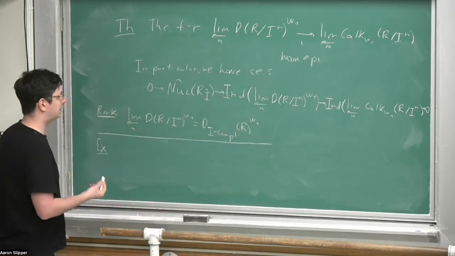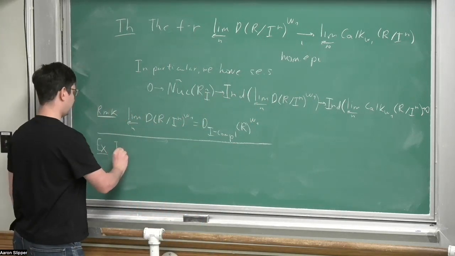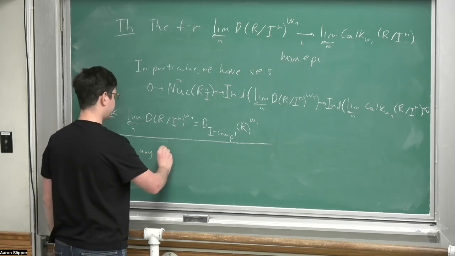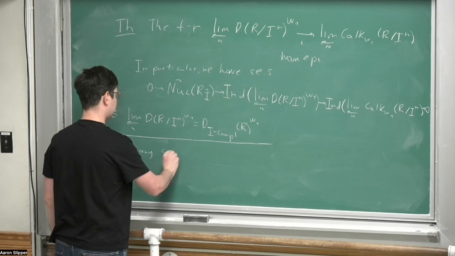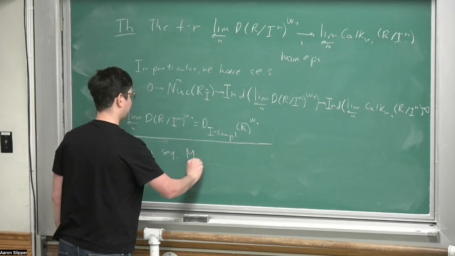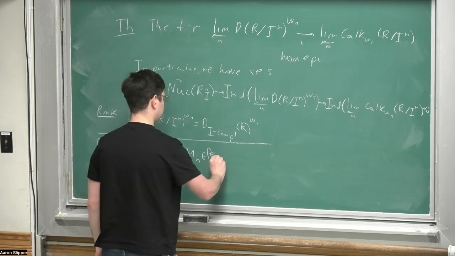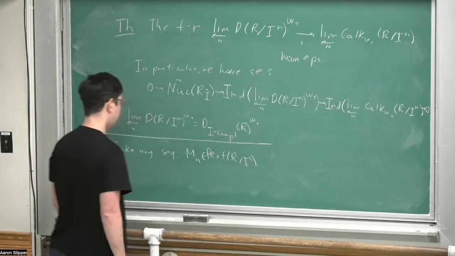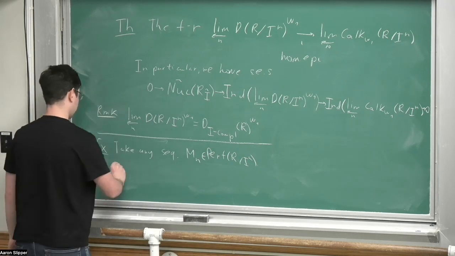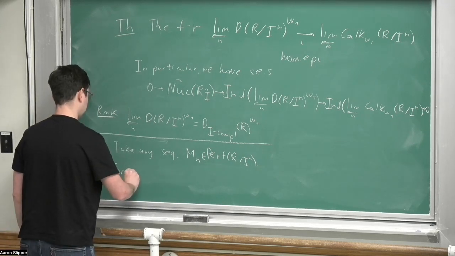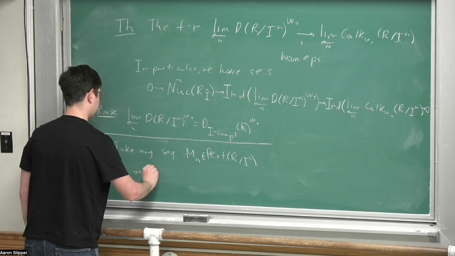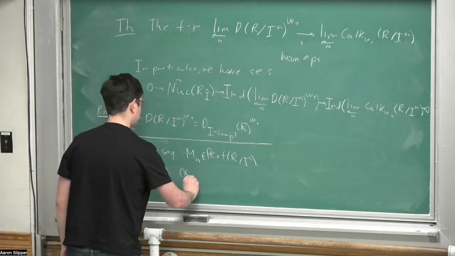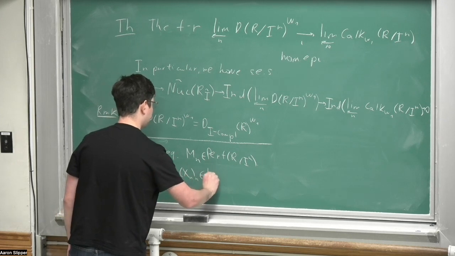And so, just an example: take any collection of objects, like perfect objects. So any sequence Mn in perfect modules of R mod I to the n, and then we can form an object like Xn in the limit of Clausen categories.